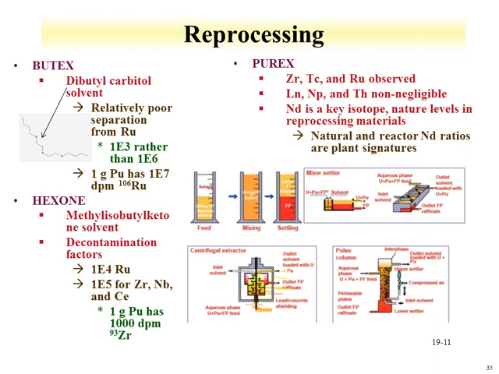Or a Hexone process, which is a separation with methyl isobutyl ketone as a solvent. Again, ruthenium can be a signature here, and also additional zirconium, niobium, and cerium. So as an example, 1 gram of plutonium has about 1,000 dpm zirconium-93 in it if it was purified by the Hexone process.